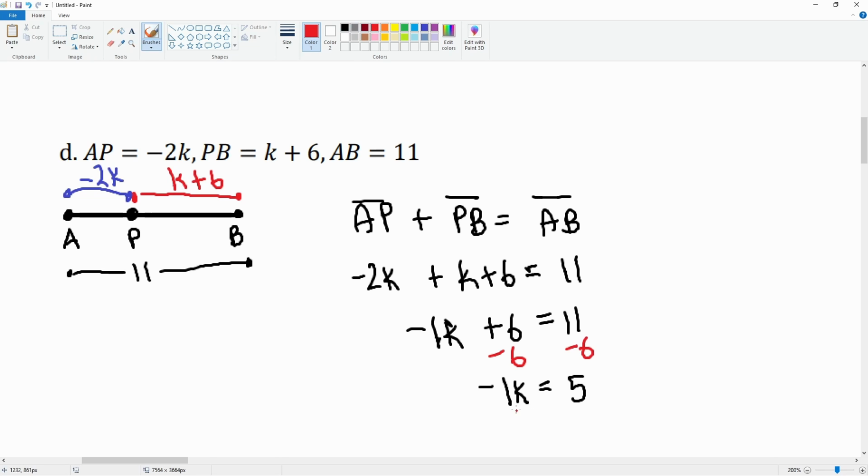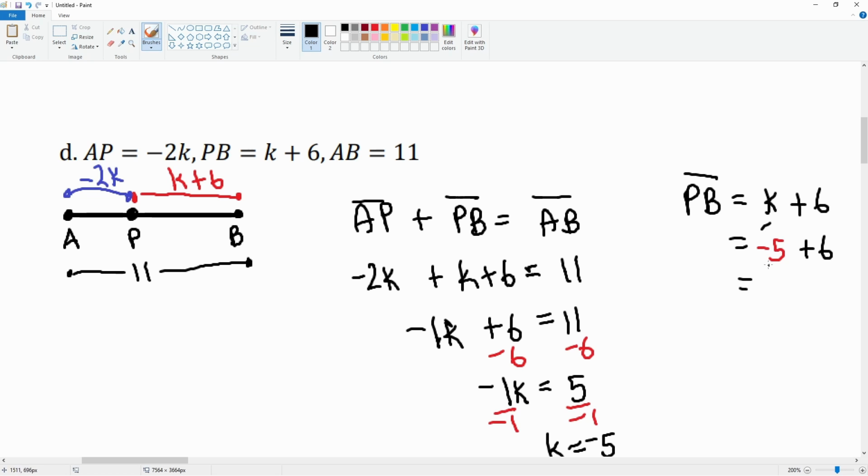This is a negative 1, so we have to divide by negative 1 on both sides, leaving us with k is equal to negative 5. We want to find what PB is. PB is equal to k plus 6. Let's plug in our k value, which is negative 5. Negative 5 plus 6 is just 1. That is the value of line segment PB.